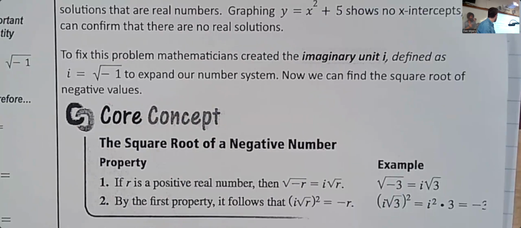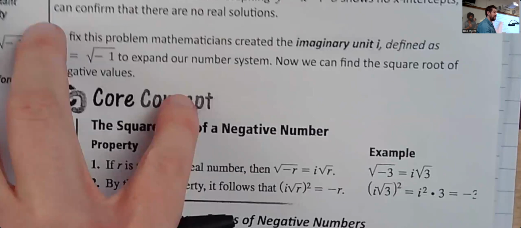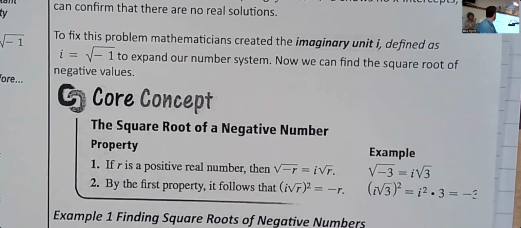If you try to really wrap your mind around why that is, it's going to make your brain melt, and that might not be very comfortable. If you consider it more as a variable and you work with it like it's a variable, that tends to make things a lot more smooth sailing. So I'm going to encourage you to think of i as more of a variable than anything else.